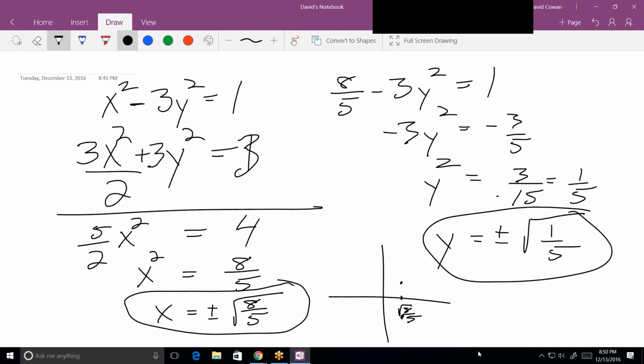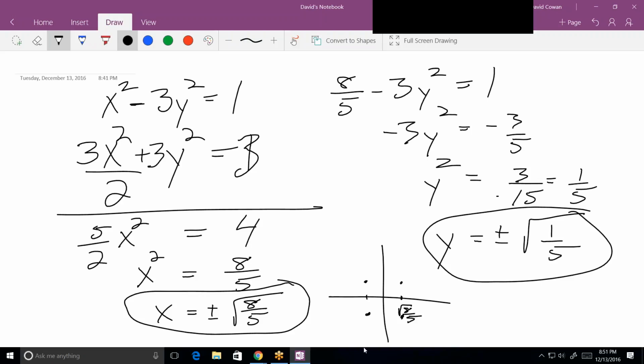Remember, we're not dealing with a function. Ellipses are not functions, nor are hyperbolas. They don't pass the vertical line test. So it's possible that for a single value of x, I have two values for y. And that is what I have here. And then when x is minus square root of 8/5, y is still there, and y is still there.